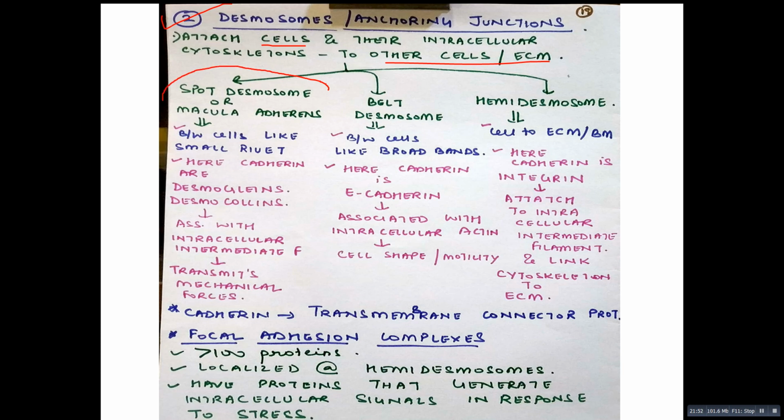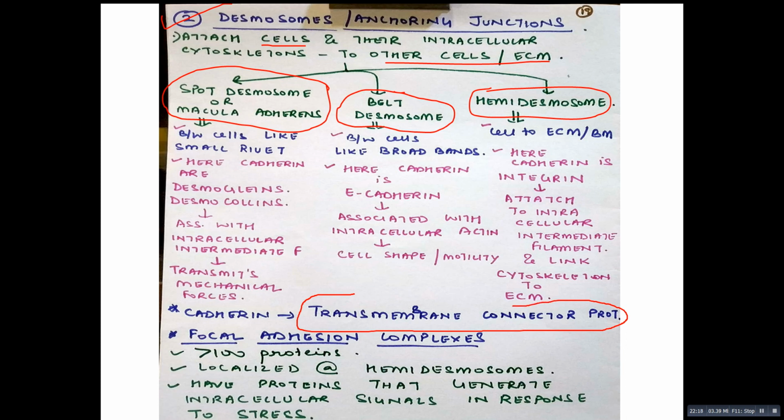Now, before I go into the functionality of the desmosomes, I want to mention a few points about what cadherins are. Cadherins are transmembrane connector proteins, and each desmosome makes use of such cadherins to carry out its function. So first I start with the spot desmosome. They are between cells. These form connections between two cells and they are very small, like a rivet.